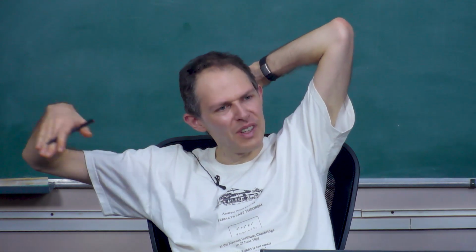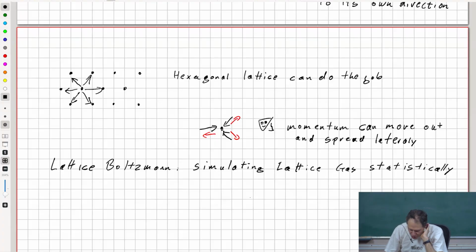So instead of this, the idea behind Lattice-Boltzmann is that you could solve the statistical problem itself without doing the actual lattice gas algorithm. So what you do is you introduce the populations, which we call f_i, and this is a probability.